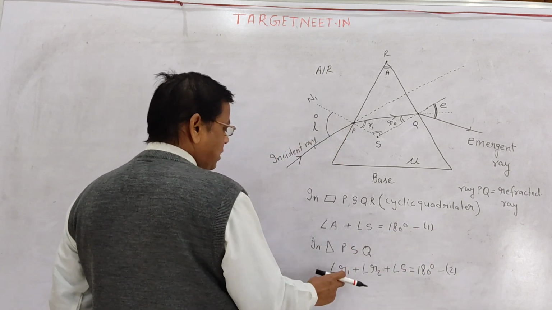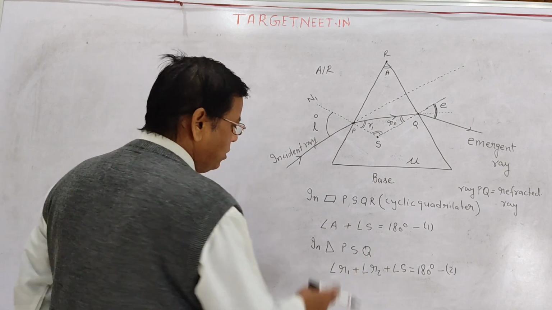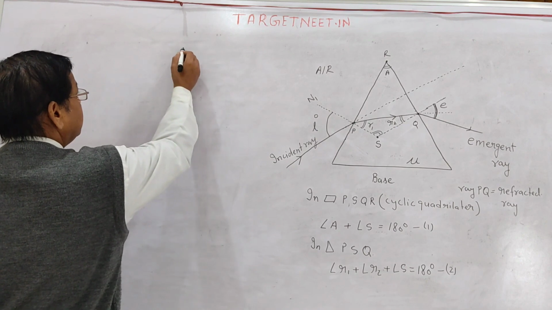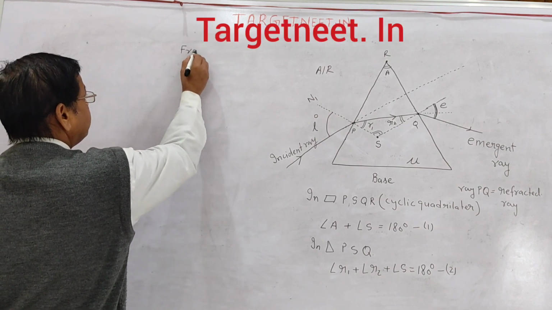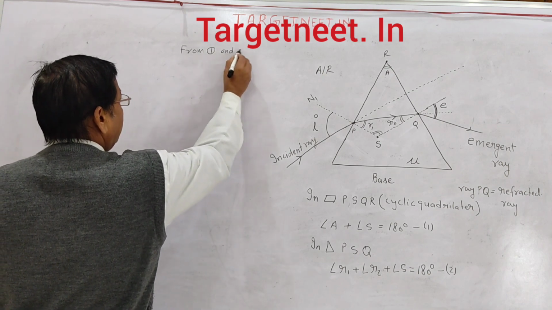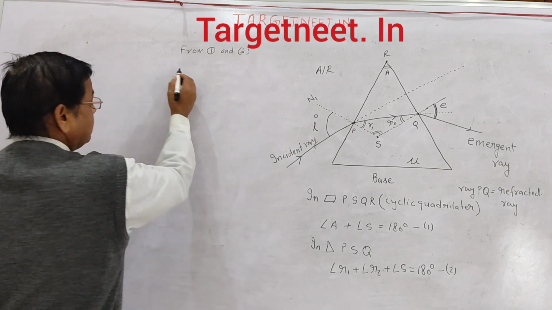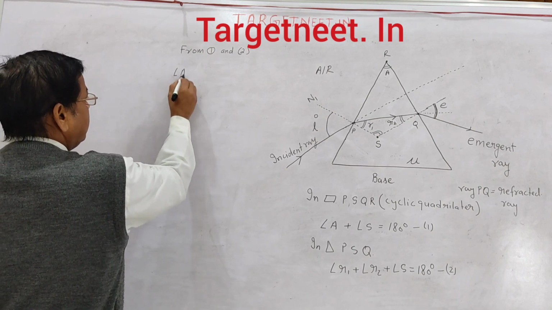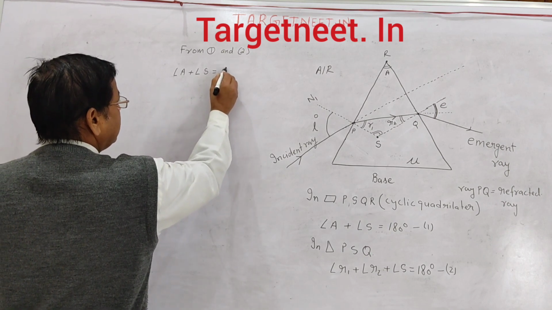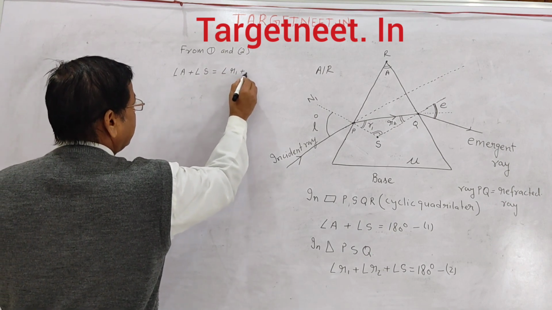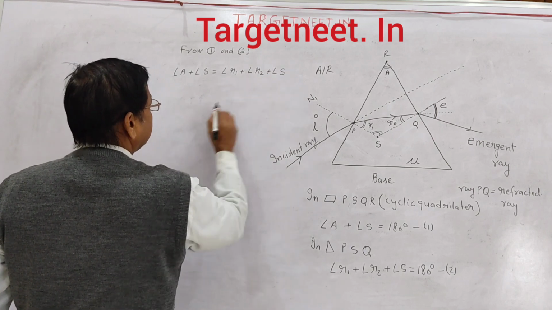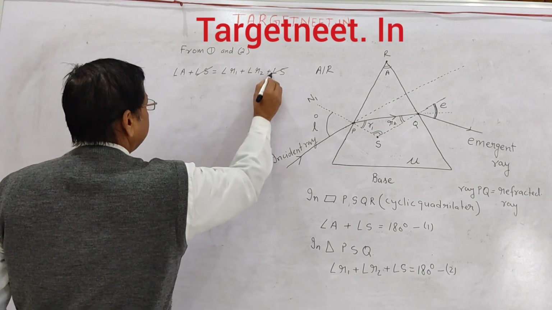So from equation 1 and equation 2, the right hand side is equal, hence the left hand side can be equated. So we can write, angle A plus angle S should be equal to angle R1 plus angle R2 plus angle S. So angle S cancels.